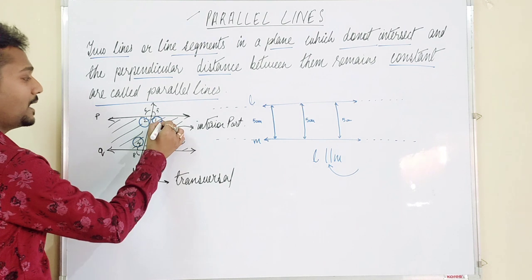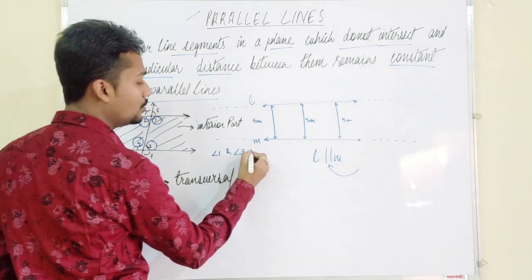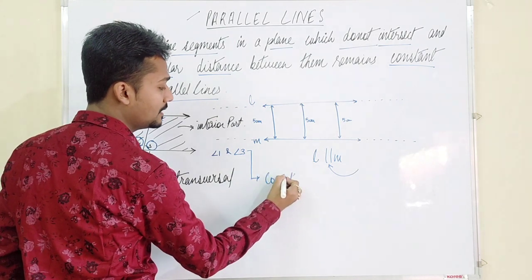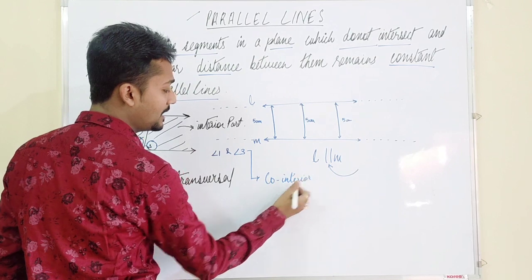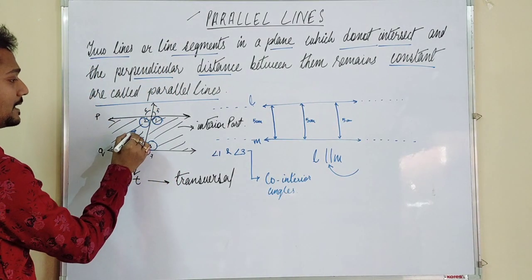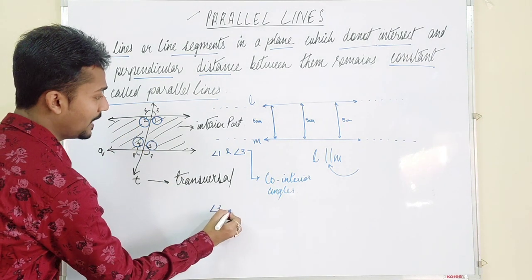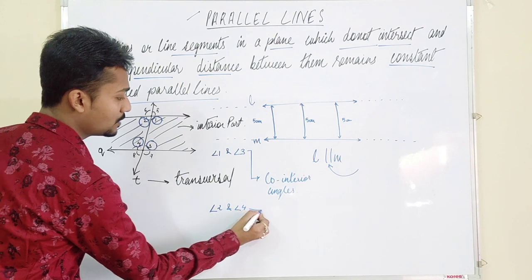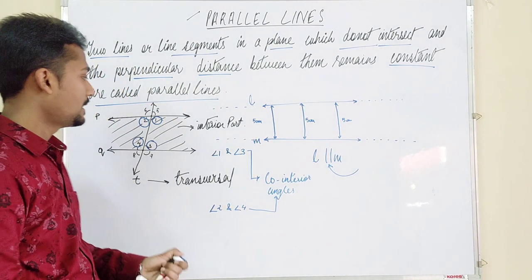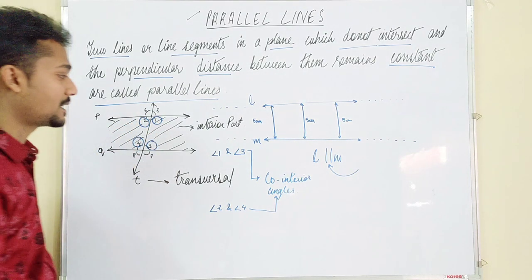Angle 1 and angle 3 will be known as co-interior angles. And angle 2 and angle 4 will also be known as co-interior angles.